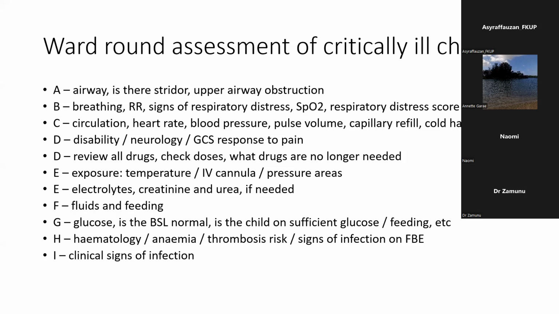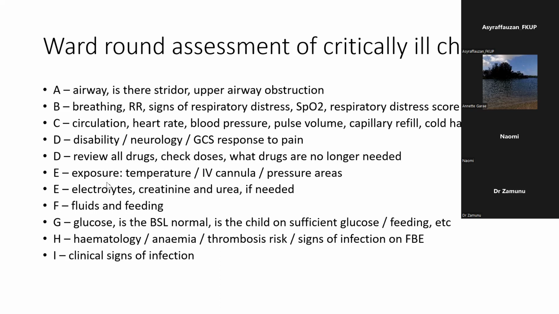Some people use a respiratory distress score. Think about their circulation, all the things I mentioned before about feeling the hands and feet, and making a careful assessment of that. Think about their neurological condition, their response to pain, their Glasgow Coma score, depending on what the problem is. For D, also review all their drugs, check the doses, decide which drugs are no longer needed, which you can stop today.